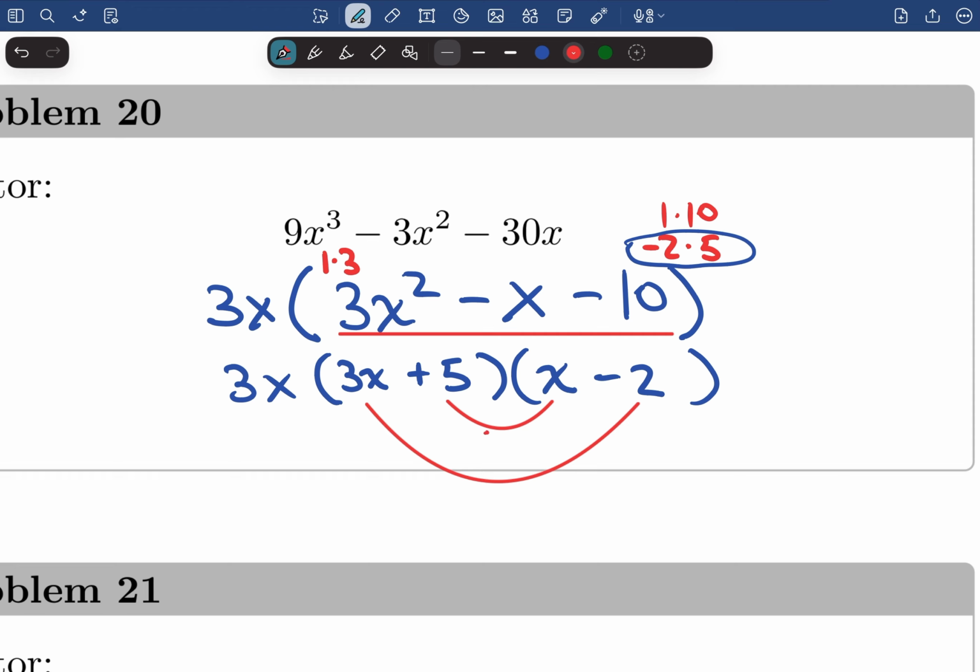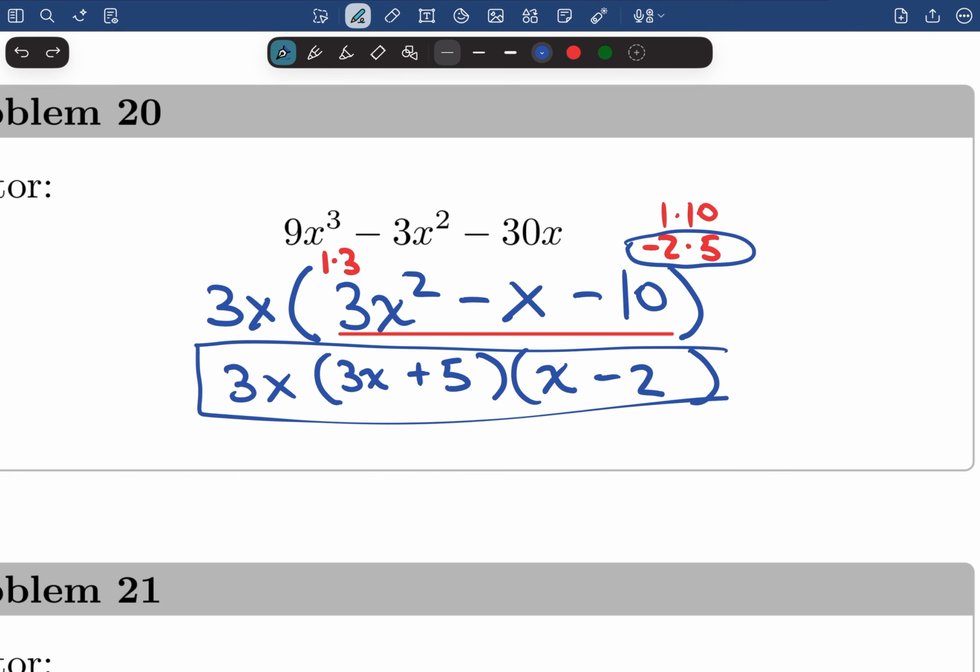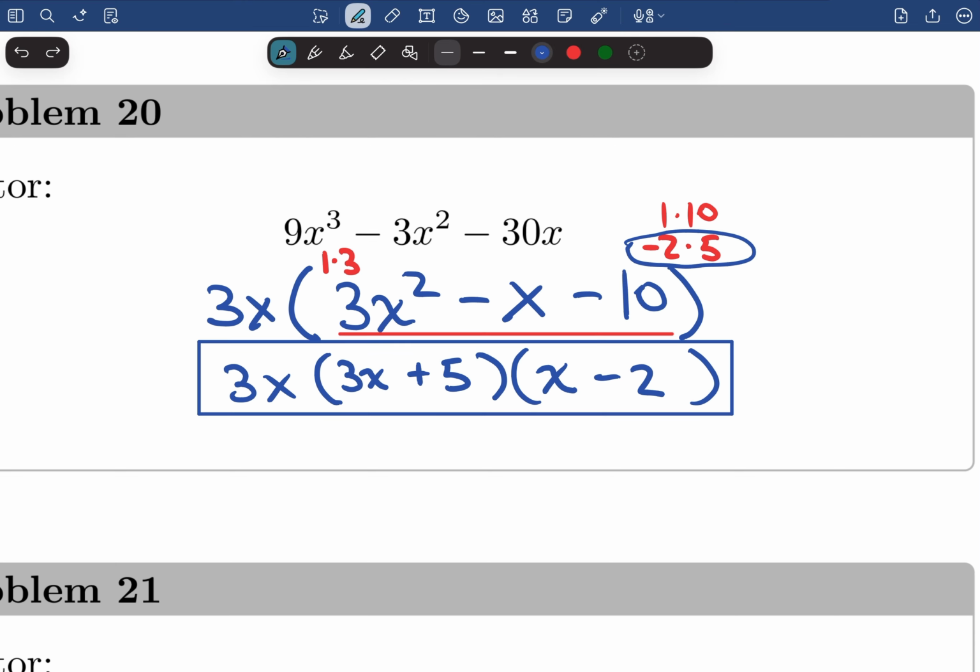Because 5 times x is 5x, and 3x times negative 2 is negative 6x, and 5x plus negative 6x is negative 1x, which is exactly what I want. That's exactly what I want, negative 1x. Great, so I have just factored this thing. And so I just showed you that work, right? And I just wanted to show you my method and why I just got what I got when I factored.